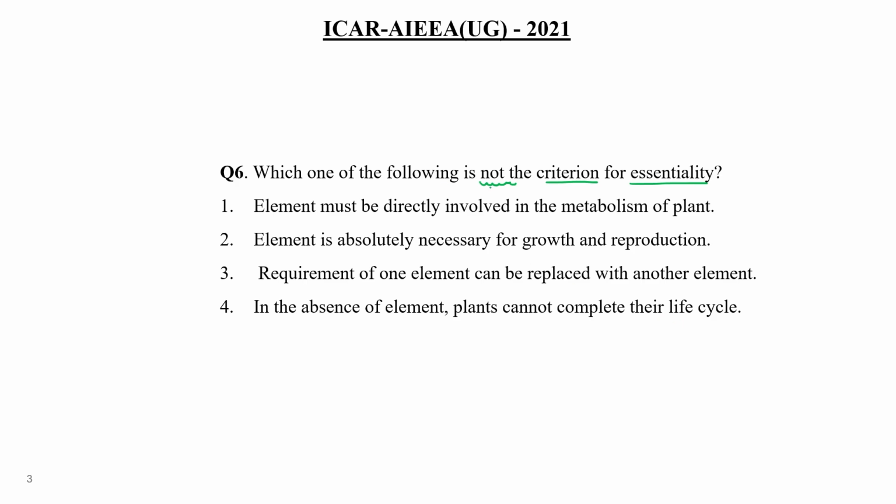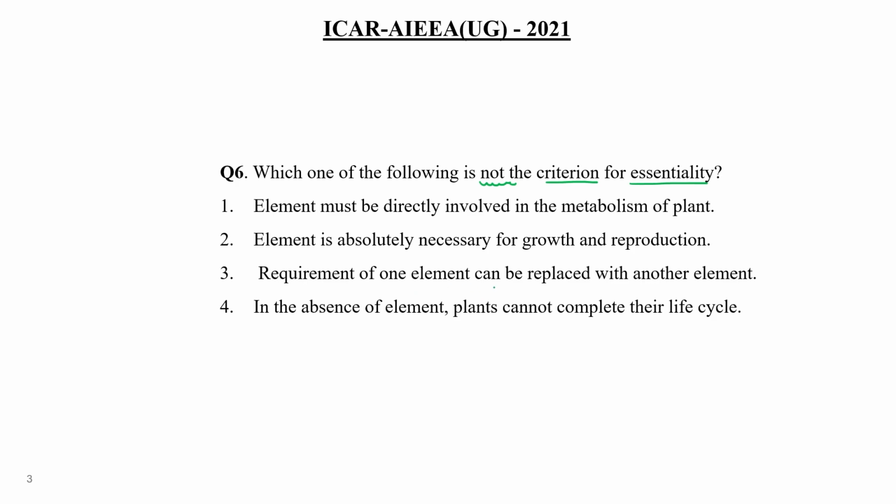Which one is not the essential criteria? Essentiality means without that particular element, metabolism is affected. Without the presence of that element, life cycle of that particular plant is affected. That is the criteria of essentiality.